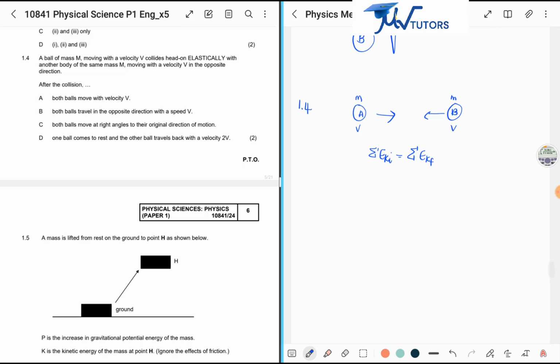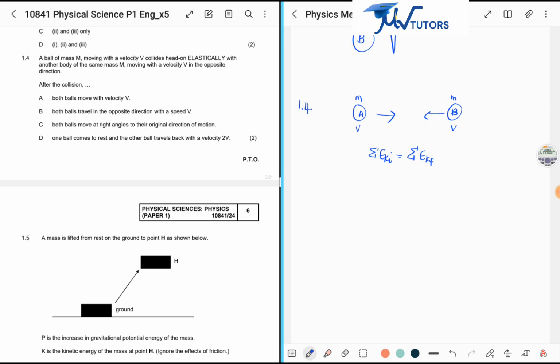So after the collision, both balls move with velocity v. Like together? It's not certain. So option B, both balls travel in the opposite direction with the speed v. Yes, that's what we know.